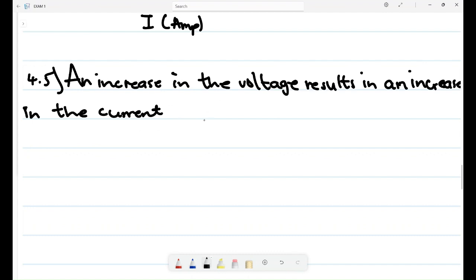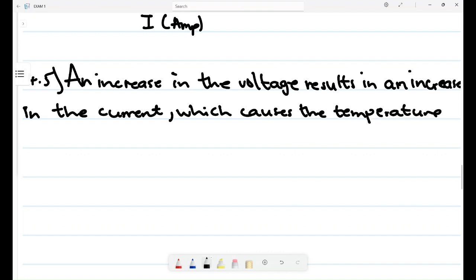Now, if there is an increase in the current, it causes the temperature of the resistor to increase.